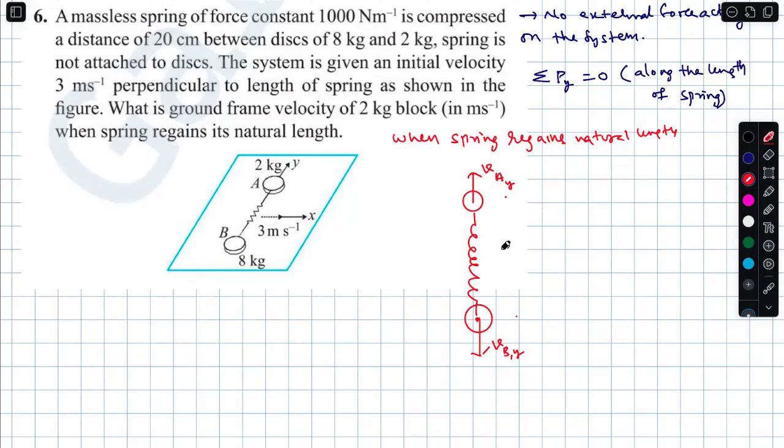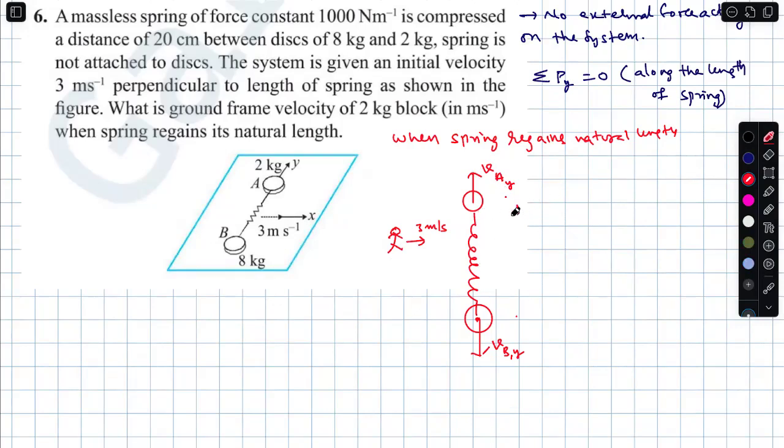Remember the 3 meter per second velocity is available all the time. Now I am doing the problem in a frame moving with 3 meter per second. You will see only this.